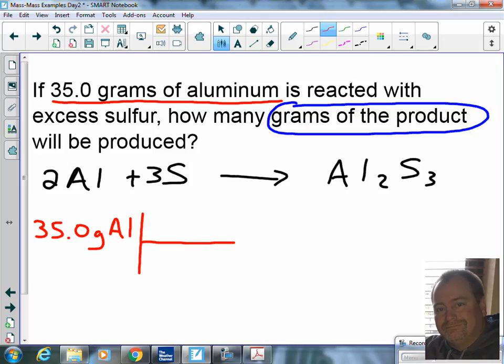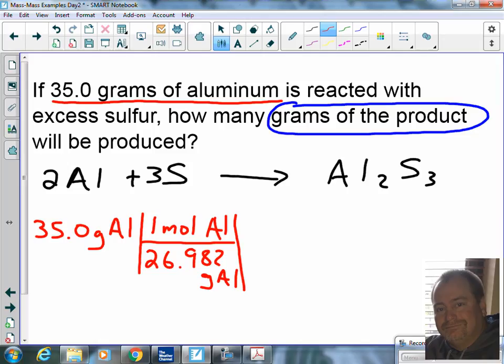I would use the entire big long number, but I'm just going to round it up here, to about 3 numbers after the decimal. So, 26.982 grams of aluminum, 1 mole of aluminum.